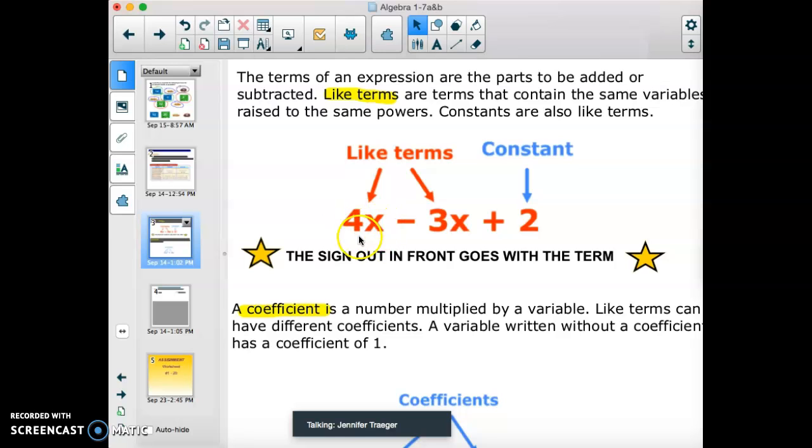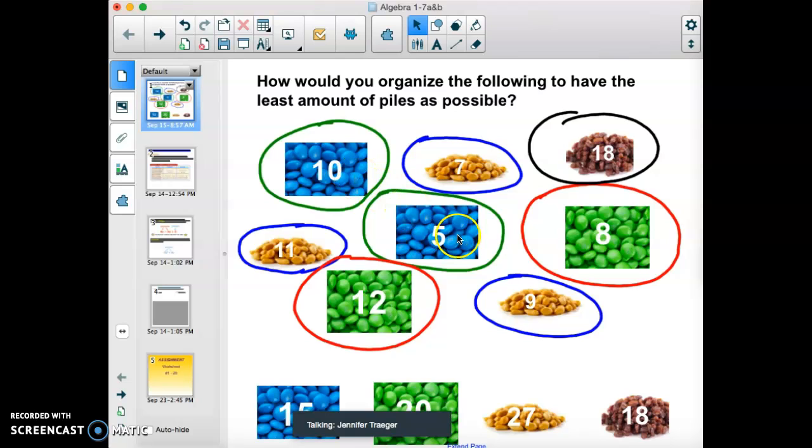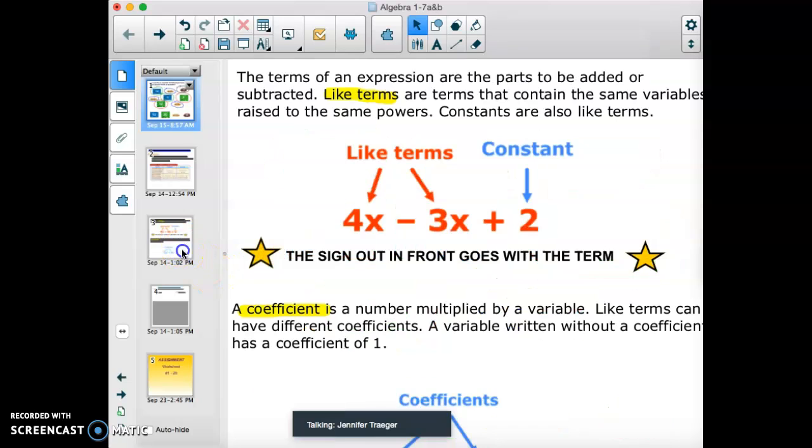Remember, like terms have the exact same variable. In other words, we had 2 different kinds. The M&Ms looked really close, but one was blue and one was green, so they weren't exactly the same. Just like here, I can have x's or I could have x squares. Now they're both x's, but one is a power and one is not, so therefore they are not exactly the same.